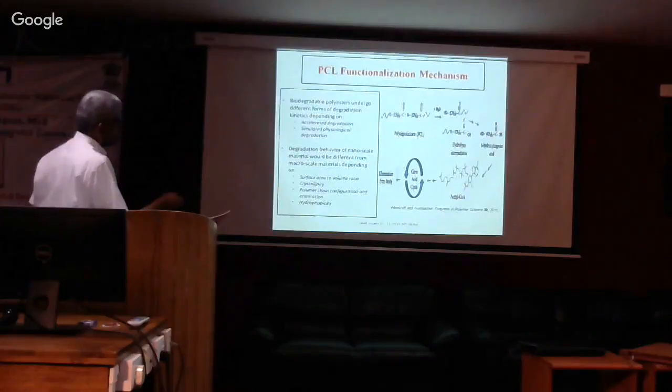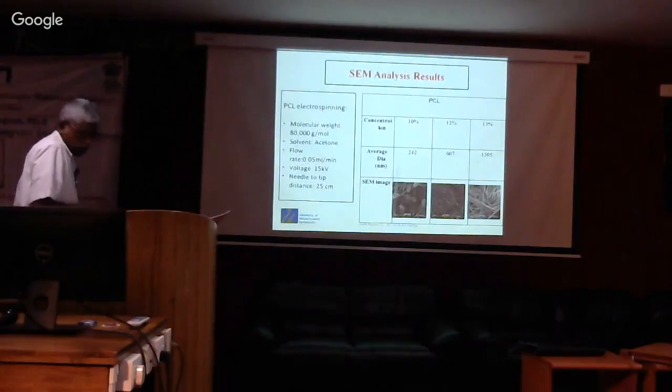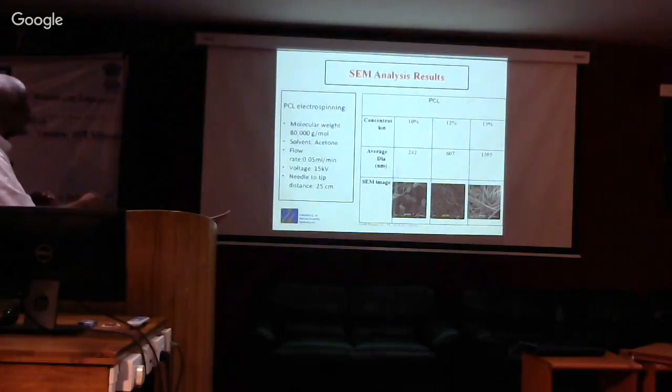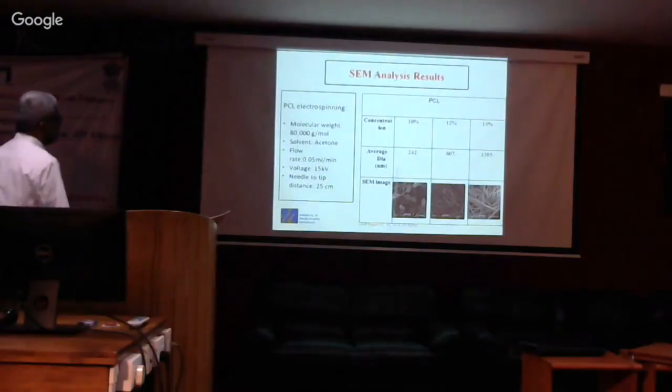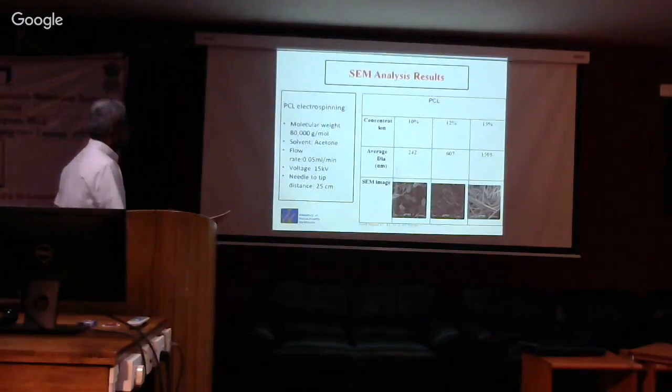So you take polycaprolactone, and as I said, you have this ability to vary concentration. The solvent in our case was acetone. And as you know, when you deal with such polymer, its molecular weight also is very important.